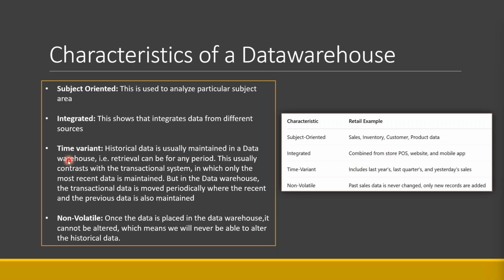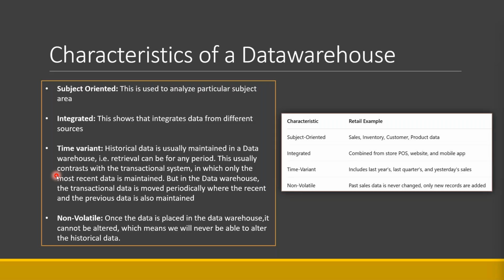Then coming to time variant, a data warehouse is always holding historical information. That is, we can retrieve data for any previous year. Most companies, due to storage issues, will store at most up to 10 years, I believe. More than that they won't store because of data storage issues.